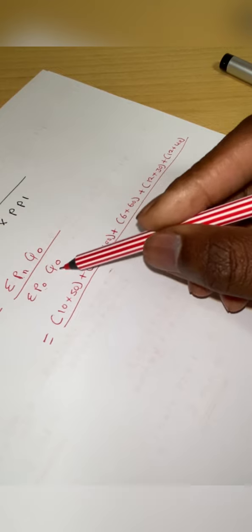Then we deal with what is down. What is down, we are multiplying P0 times Q0, then we add them. Our base here is 1995, so the prices of 1995 we multiply by the quantities of 1995, then we add.